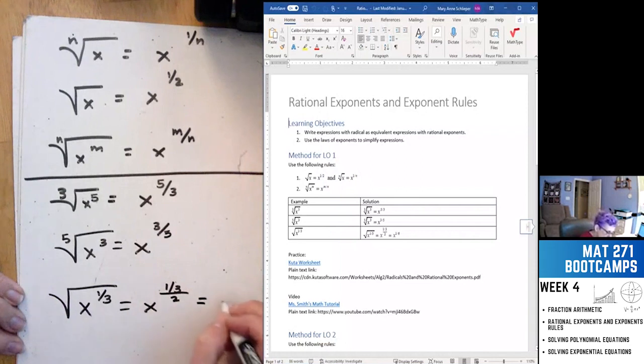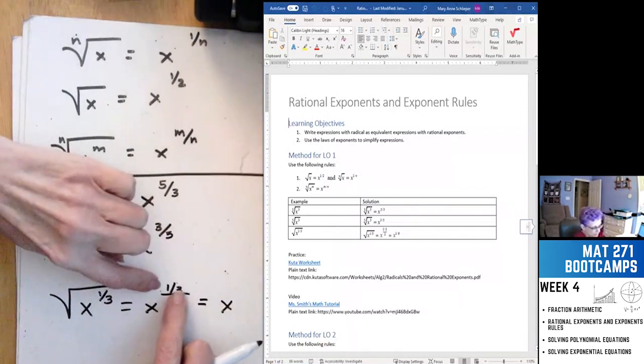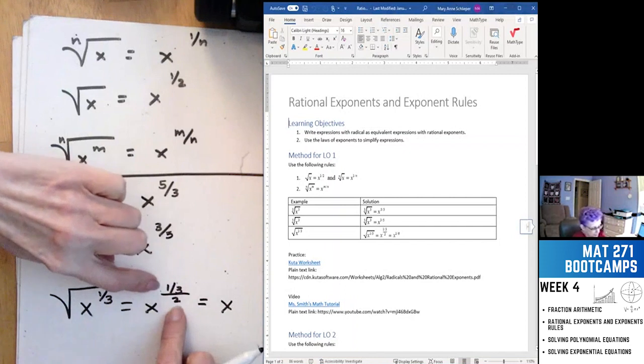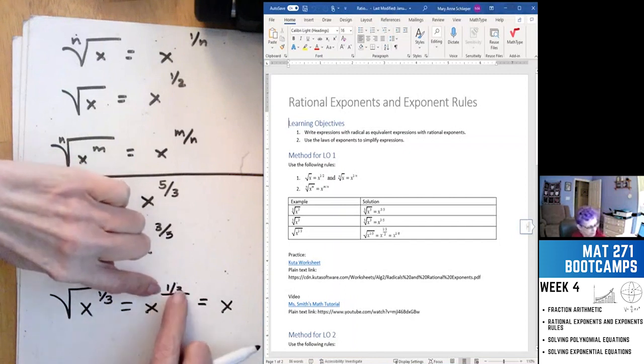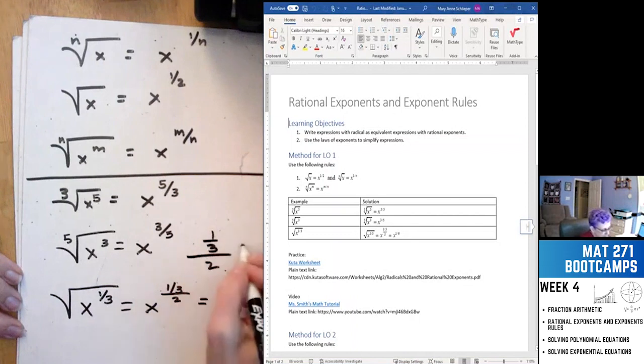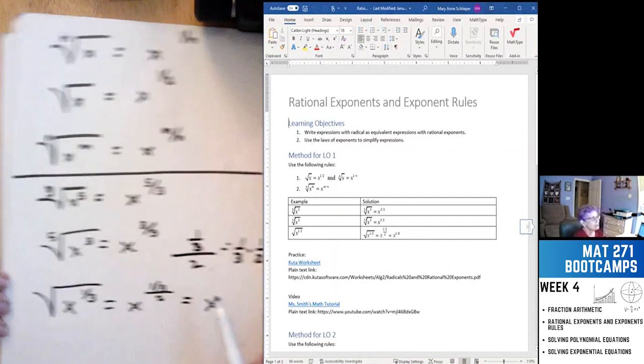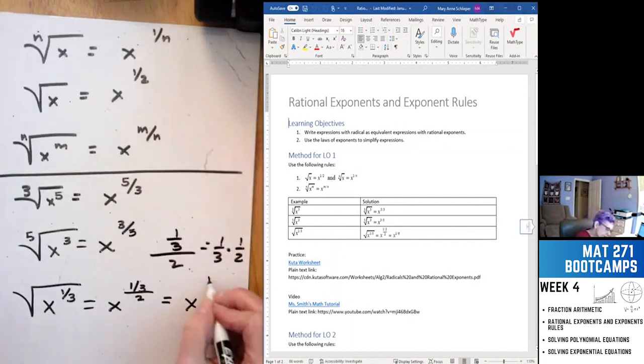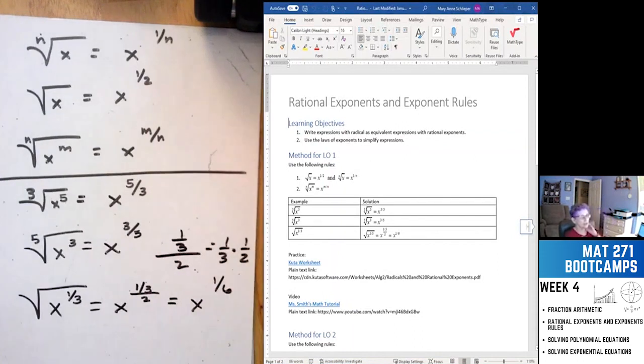So that would be 1/3 divided by 2, which is the same thing as 1/3 times 1/2. So this would be x to the 1/6 power. Promise you're going to be glad you can do that.